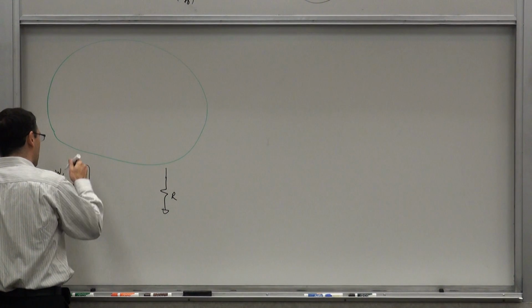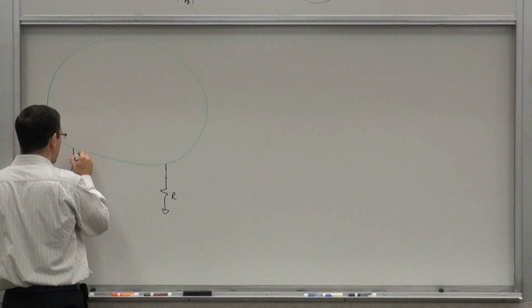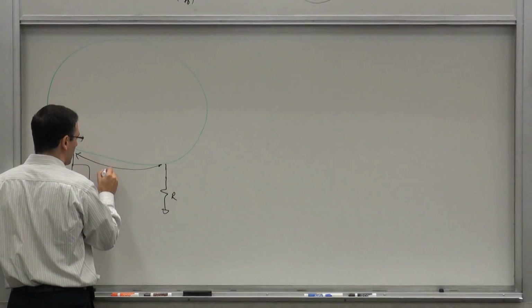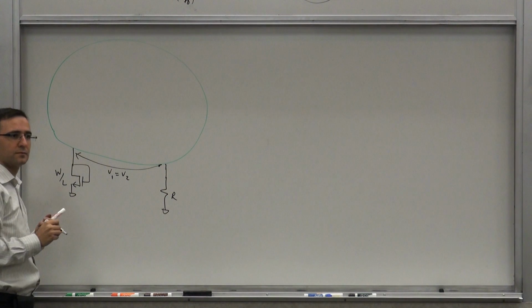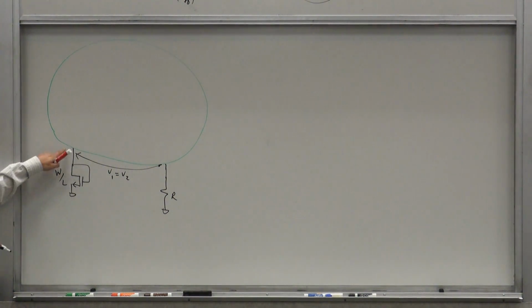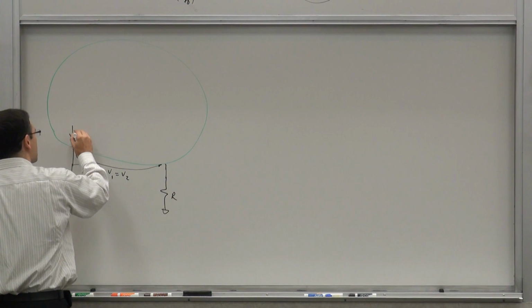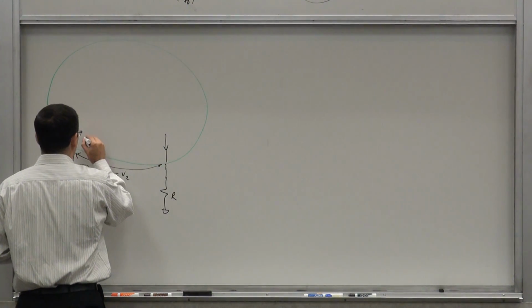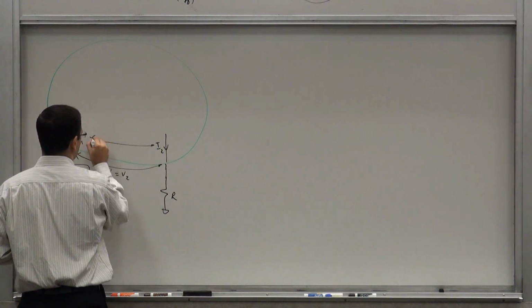that does the following. This magic block forces these two voltages to be equal to ground. V1 to ground is equal to V2 to ground. And it forces these two currents to be equal.